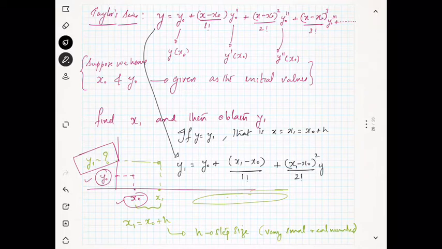Into, sorry, I missed y0 dash in the first part, and this is y0 double dash, plus x minus x0 the whole cube, with x1 instead of x, divided by 3 factorial into y0 triple dash plus, and so on. This method is known as the Taylor series for x1. So we are going to find y1 in terms of x1.